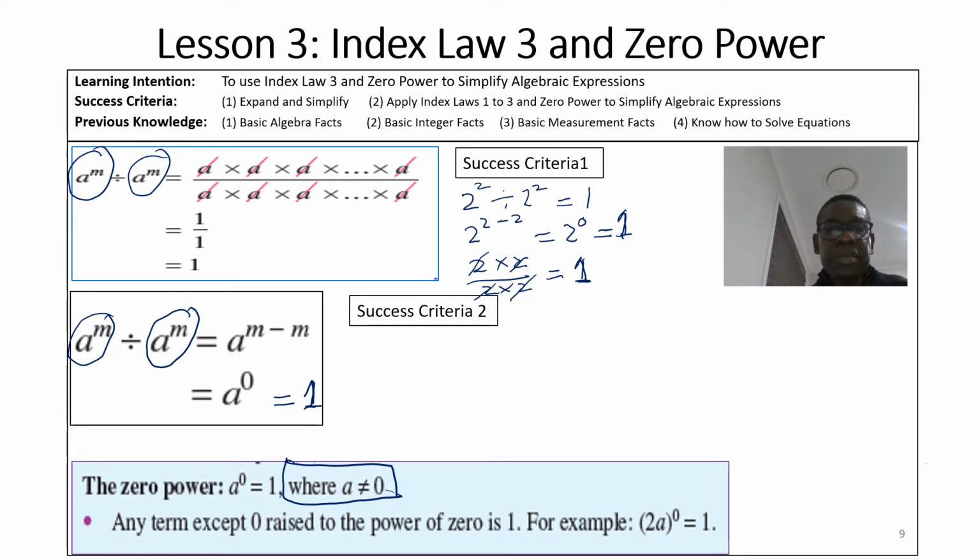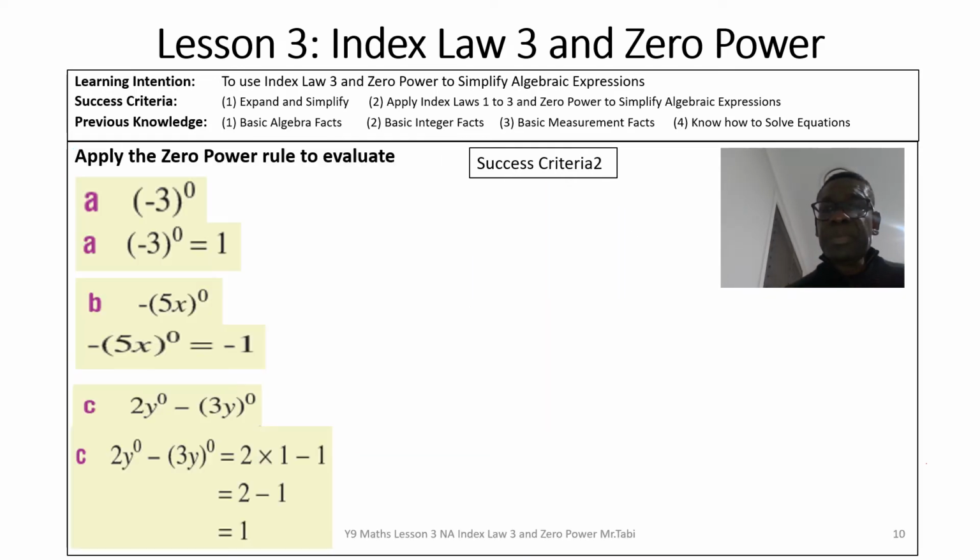That's the exception. Any term except 0 raised to the power of 0 is 1. So even if you have 2a in brackets to the power 0, that result will be equal to 1. And this is what we refer to as the 0 law, the 0 power of indices.